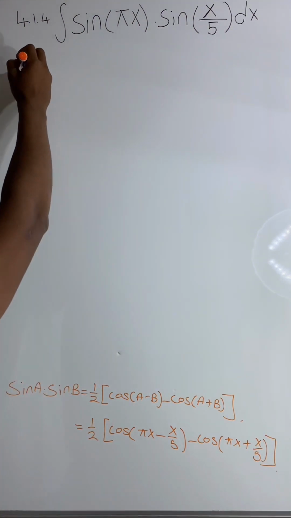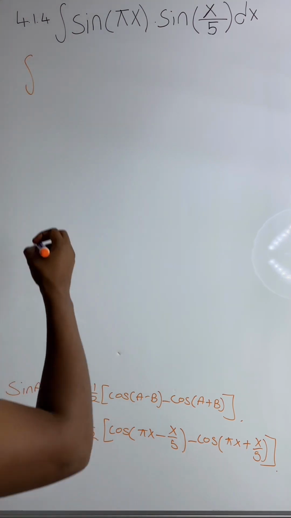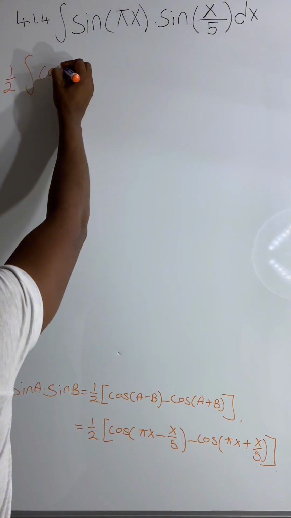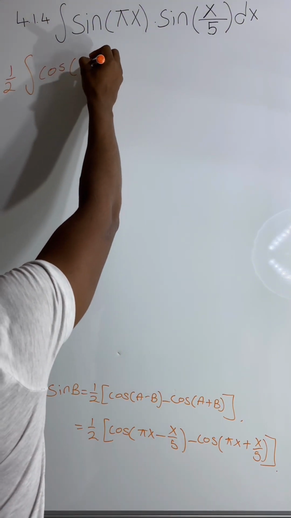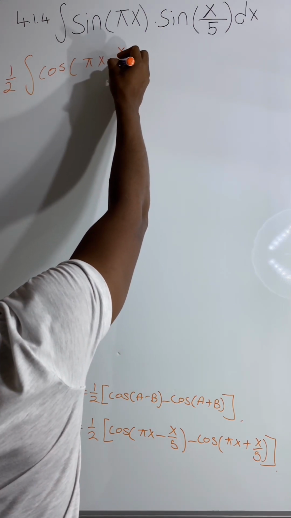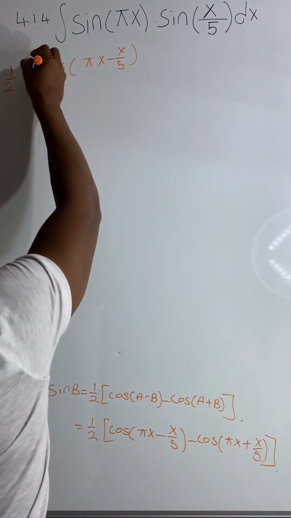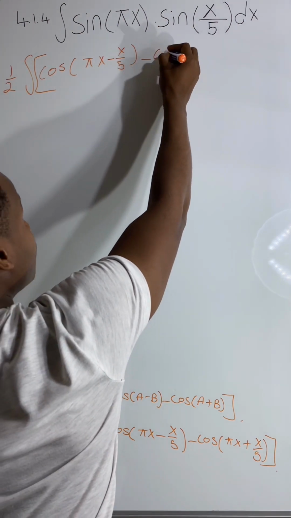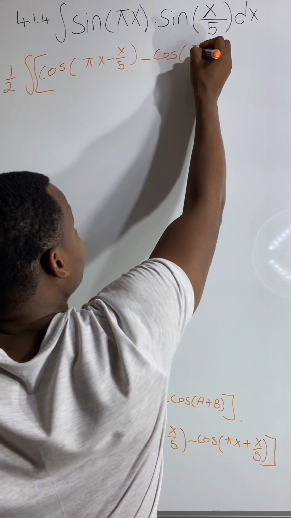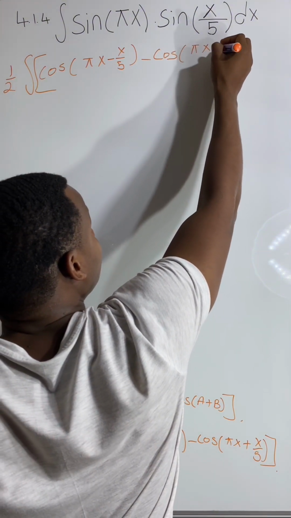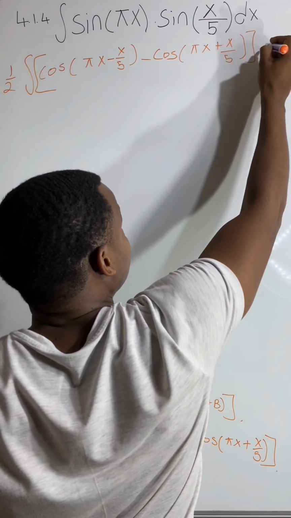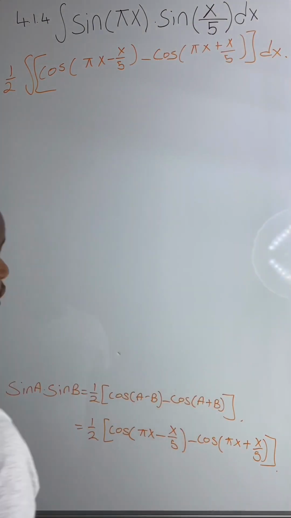So our integral is 1 over 2, so we can take the 1 over 2 out of the integral. Cos of pi x minus x over 5, minus cos of pi x plus x over 5, dx.